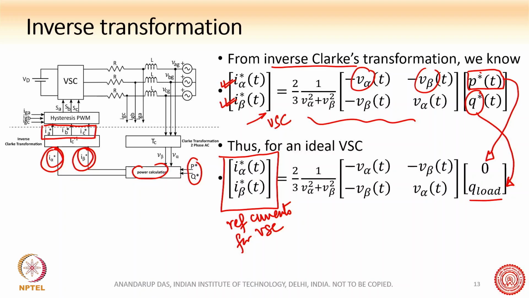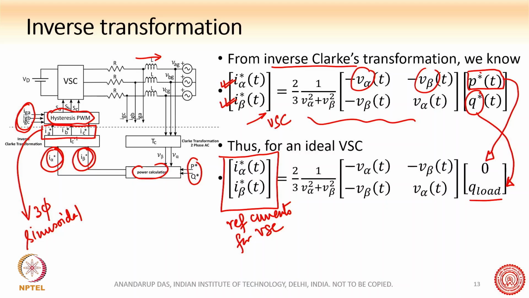These quantities are sinusoidal, three-phase sinusoidal. I alpha star and I beta star are also sinusoidal, but this is a two-phase quantity. Once you have got this, then you can use the hysteresis PWM, because you are also controlling the current flowing from the VSC into the PCC.